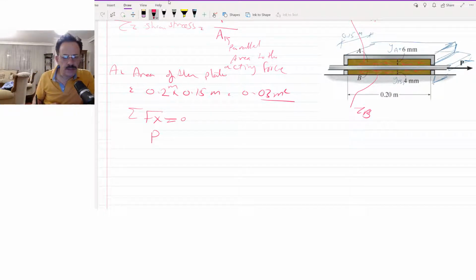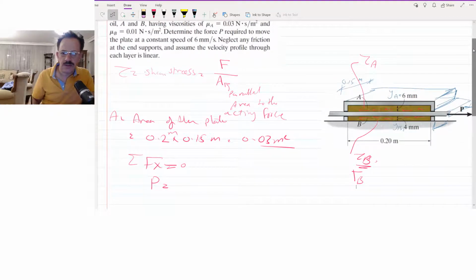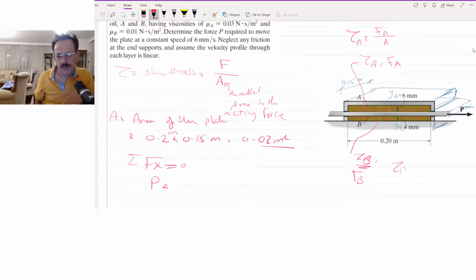It means that P will equal the force that will be exerted here. Due to tau A, we will have a force called Fa, and due to tau B a force called Fb, because tau at A is equal to force at A divided by area, and tau at B is equal to force at B divided by the area, and the areas are the same for both. So in general, summation Fx equal to 0 means that P will be equal to Fa plus Fb.